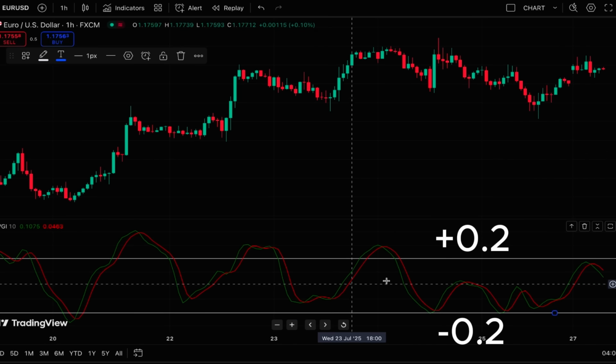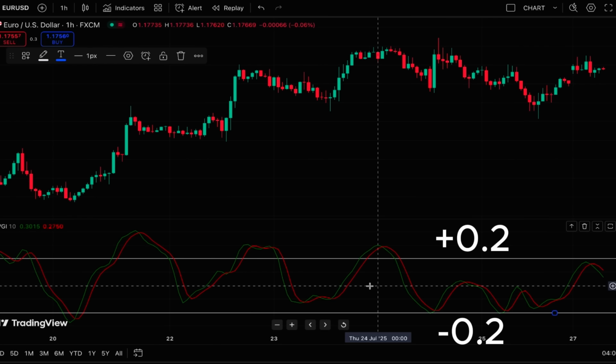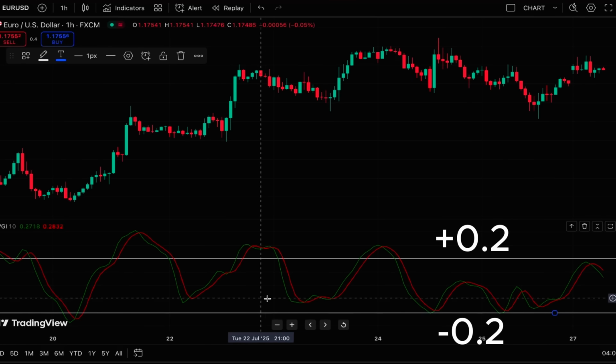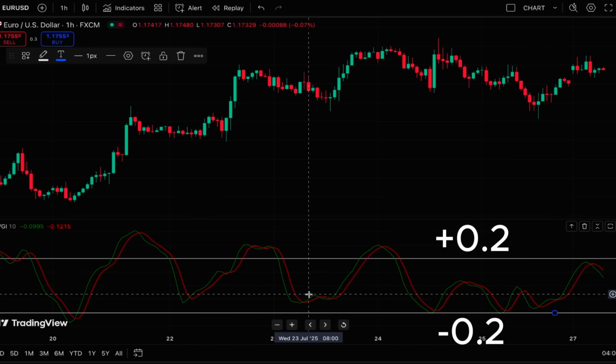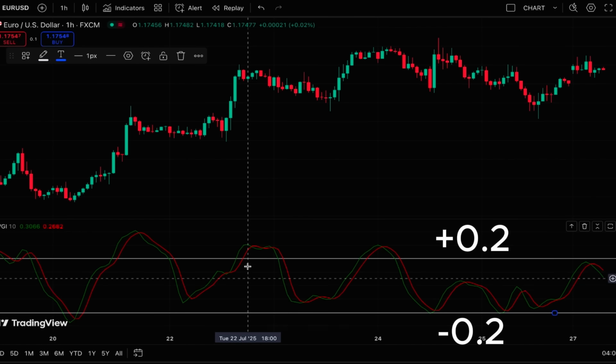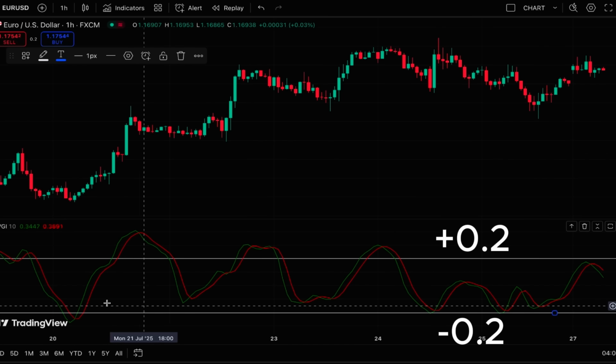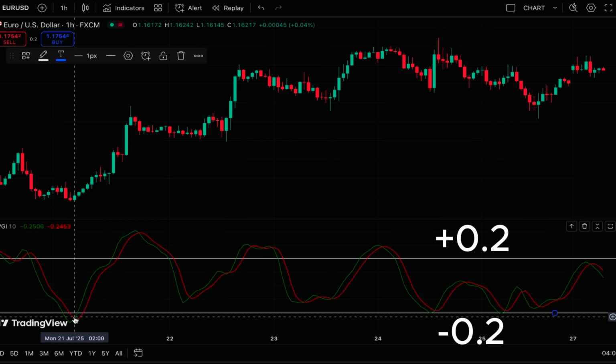RVI is a momentum oscillator, and you can see that it is oscillating above and below the center line, which is set at 0. So in times that RVI line is far from the center line, it can be a signal for overbought or oversold condition. If it is far above the center line, it could be a signal for overbought, and in times that it is far below the center line, it could be a signal for oversold.